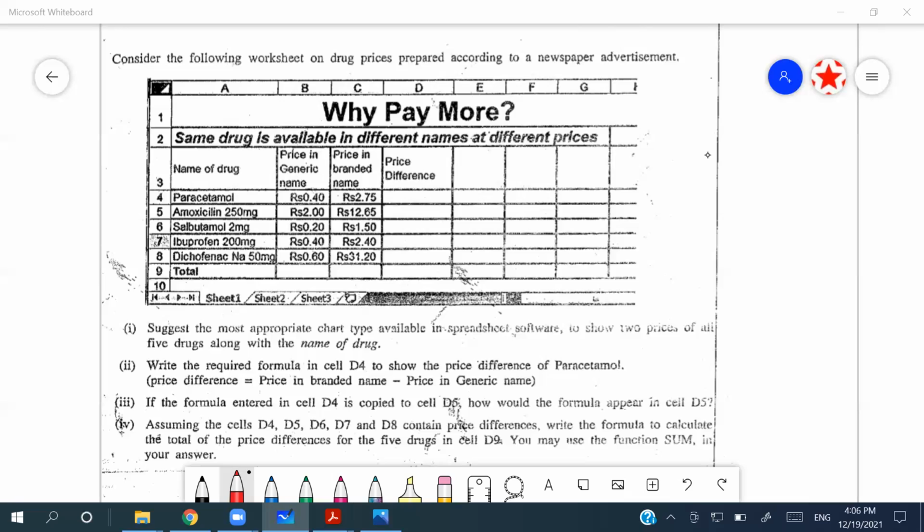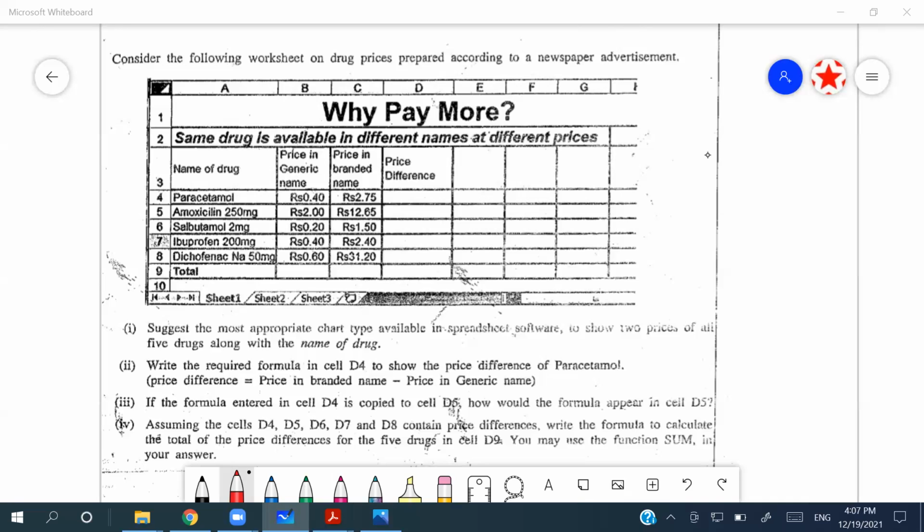If you want to compare, you can take the column chart or a bar chart. They are asking for the most appropriate chart type, only one. So either the column chart or the bar chart will get the marks. You can have 2 marks for that.